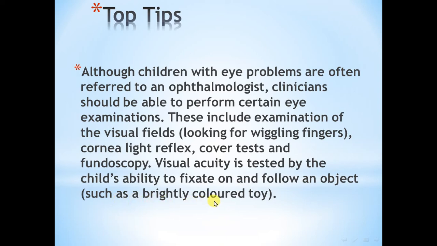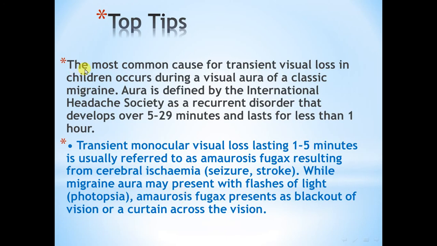The most common cause for transient vision loss in children occurs during the visual aura of a classic migraine. Aura is defined by the International Headache Society as a recurrent disorder that develops over 5 to 20 minutes and lasts for less than 1 hour.